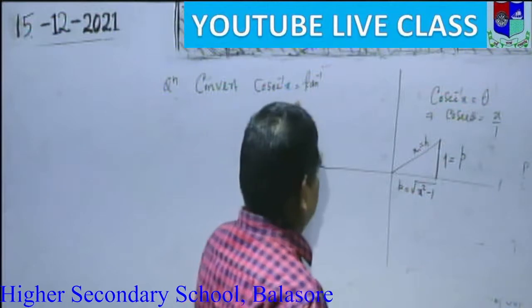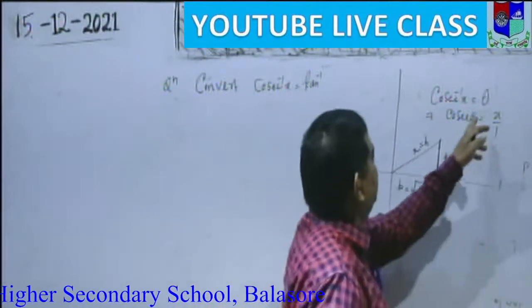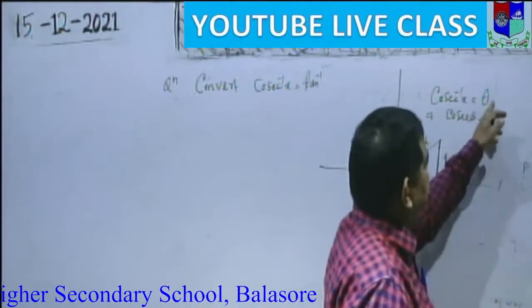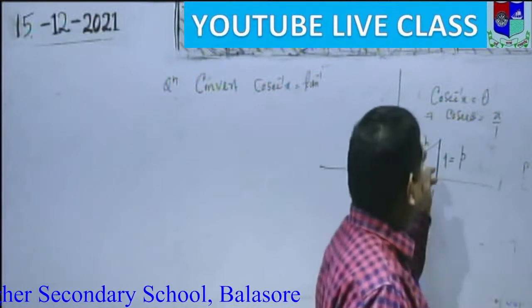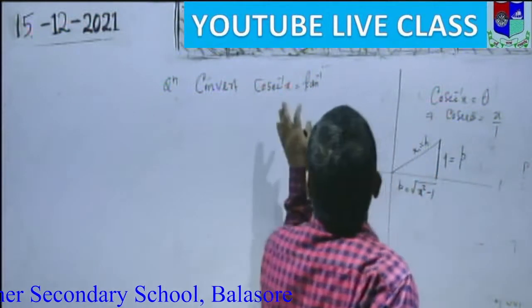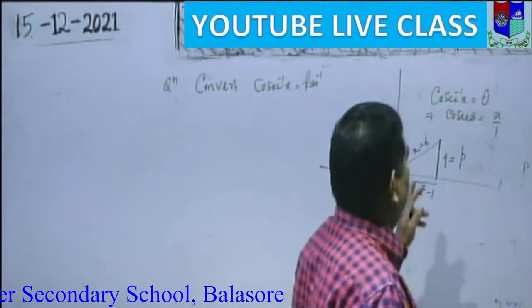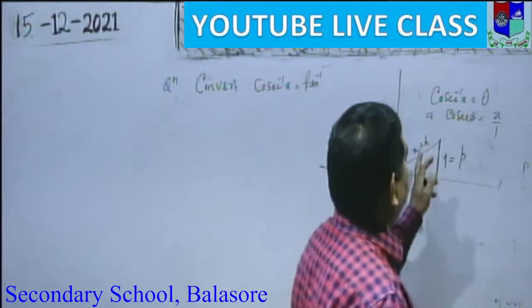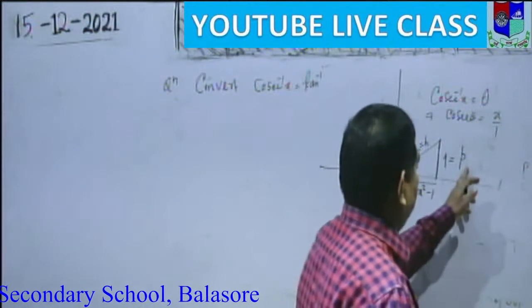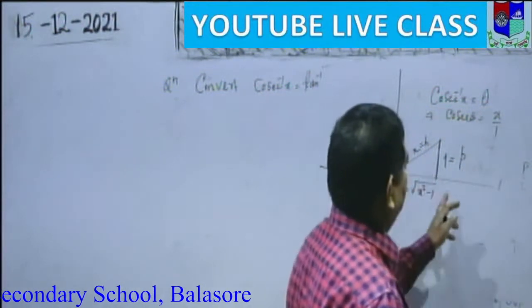Cosec inverse x is theta. So cosec theta is x by 1. Now using Pythagoras theorem, your b is root over of h square minus p square, that is root over of x square minus 1.